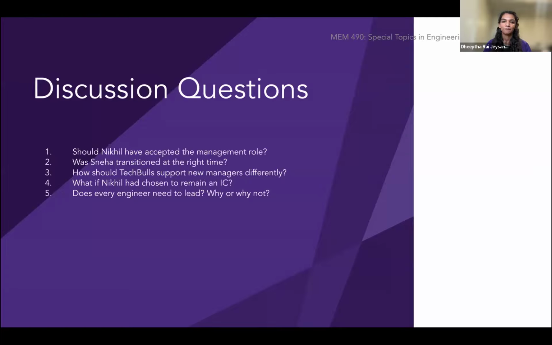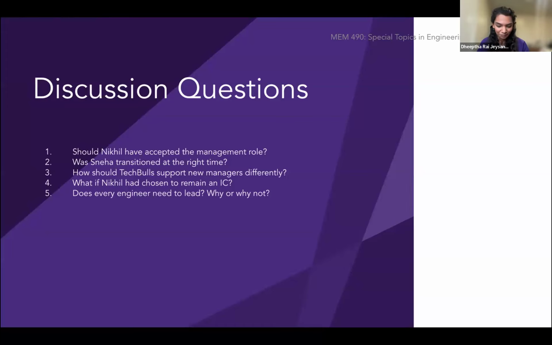And then these are the discussion questions for anybody who's read the case. So do you think every engineer should lead? Why or why not? Actually, this would be a very good question point if we had a lot more time, and we could give a little bit more context about the case.